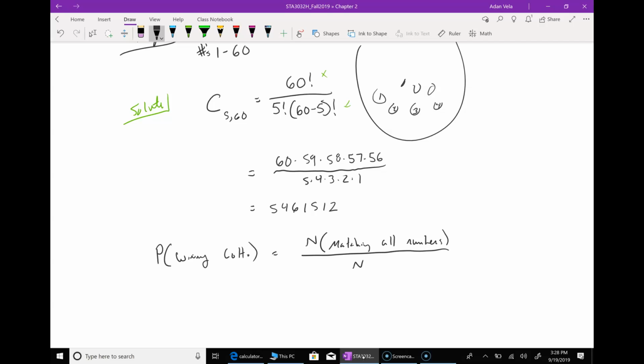There's only one way we can match all 5 numbers, which is if my 5 numbers are the 5 numbers that get picked. So the probability of winning is just 1 over 5.4 million.